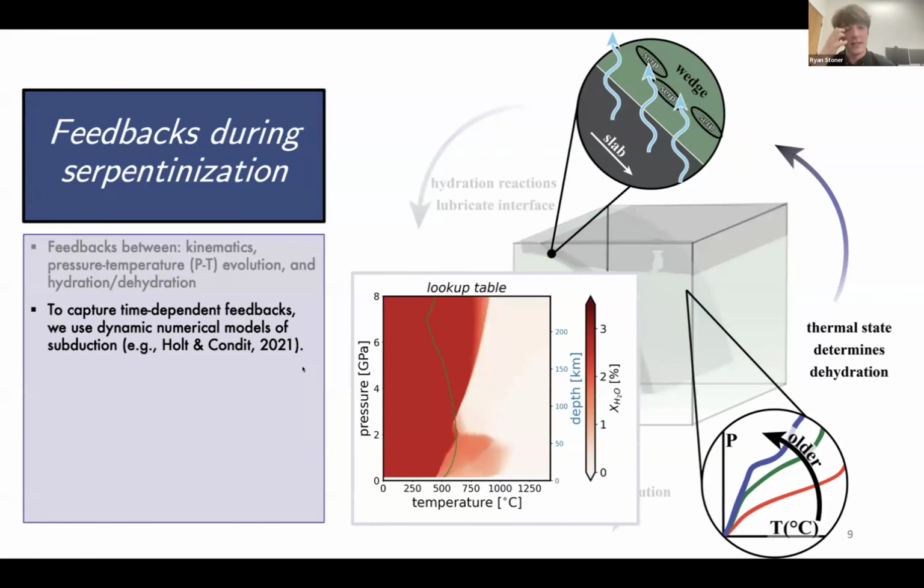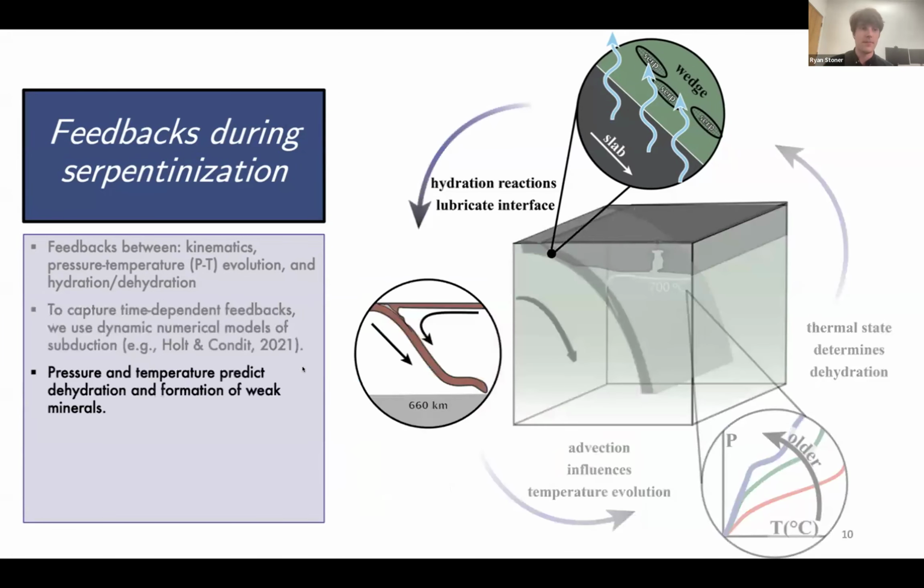So going through these individual steps, we have the pressure and temperature plotted here on the plate interface that evolves, and then we can use something a little bit similar to what Rampang mentioned earlier and have lookup tables that are implemented in ASPECT, where we can look up how much water might be stable at different pressure and temperature conditions, to say something about where fluid might be released.